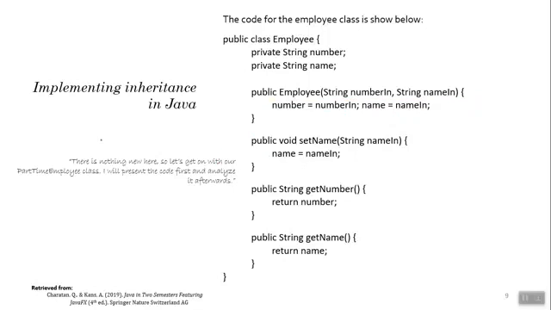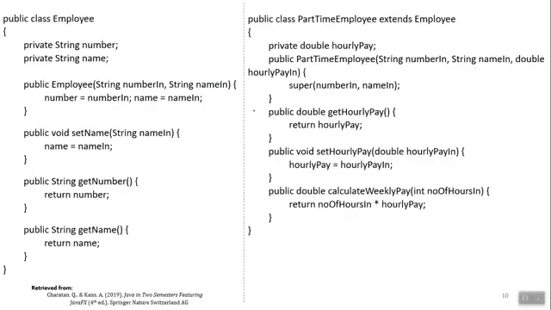So let's get on with our part-time employee class, and I will present the code first and analyze it afterwards. Here's the class for part-time employee, which extends, so we have the keyword extends Employee. Now, again, we will just create our attribute, or let's say the variable hourlyPay, which is of type double.